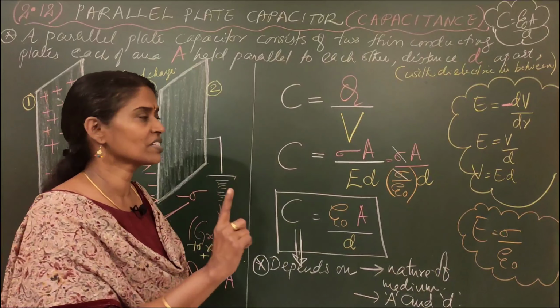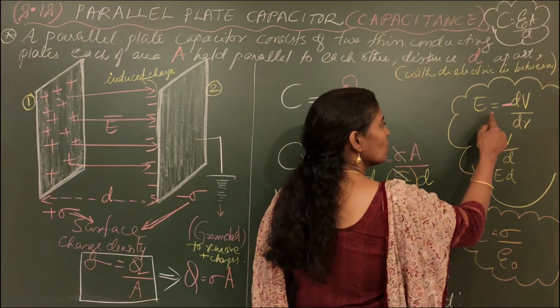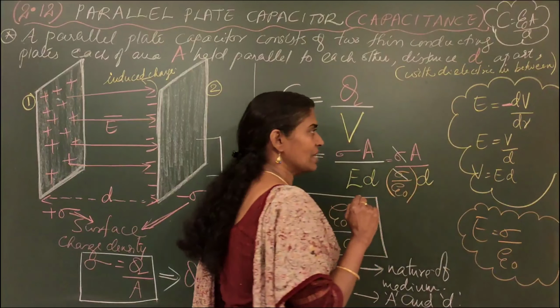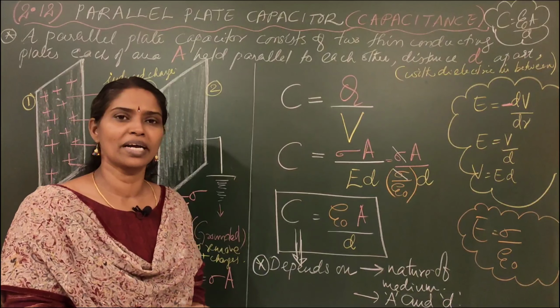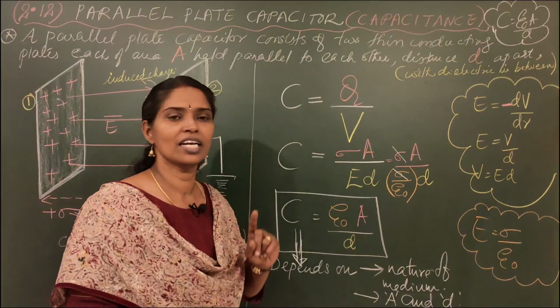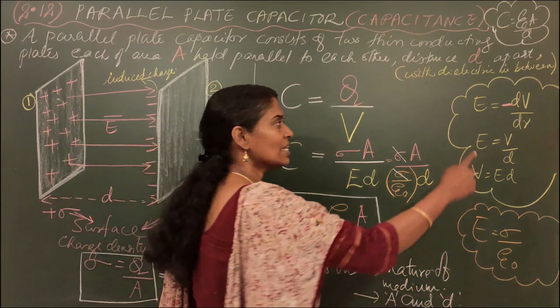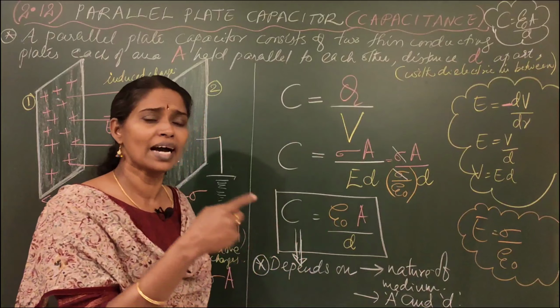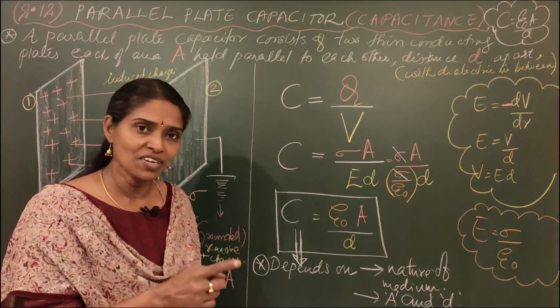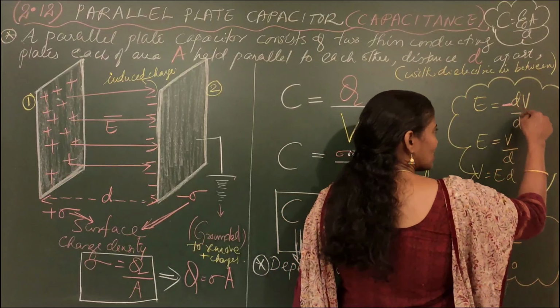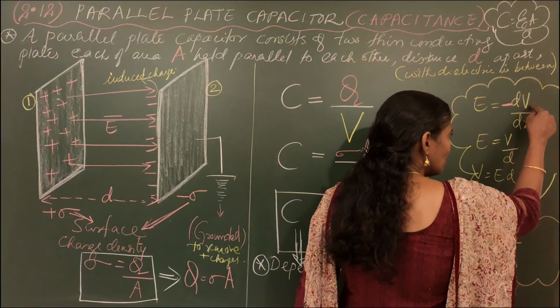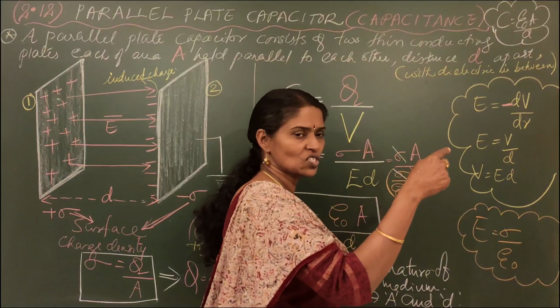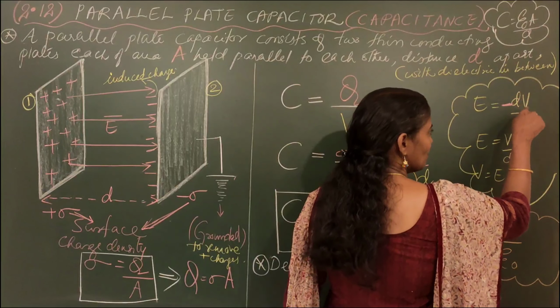Another previous knowledge we need is E equal to minus dV by dr. What do we mean by minus dV by dr? The negative gradient of potential. The negative sign shows that the electric field has a direction in which potential reduces, that is, with respect to distance the potential is getting reduced.